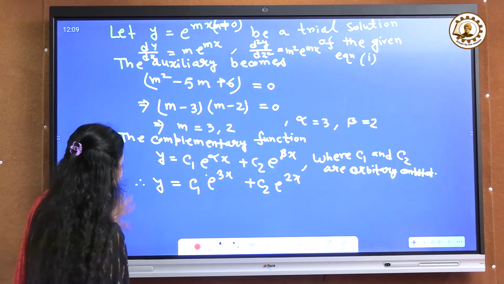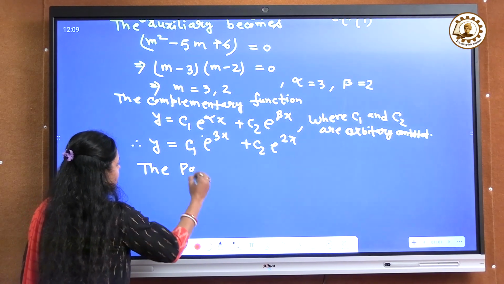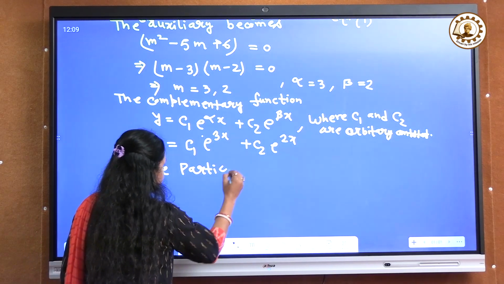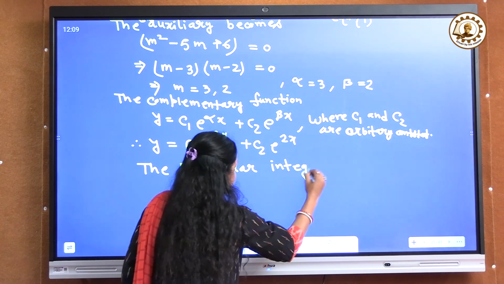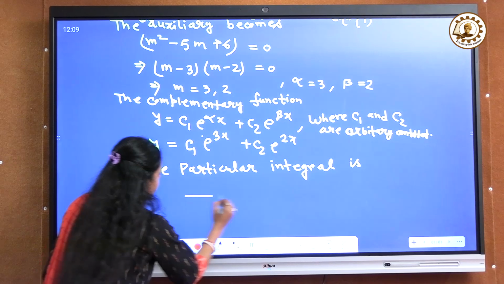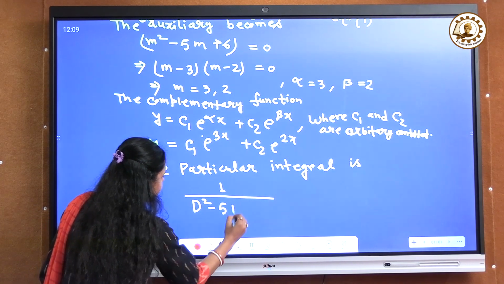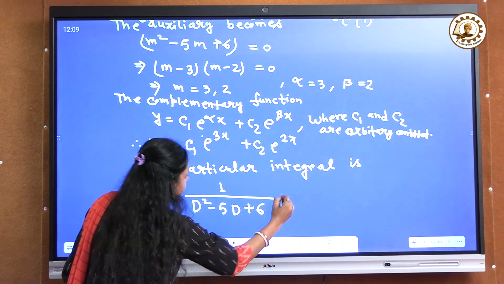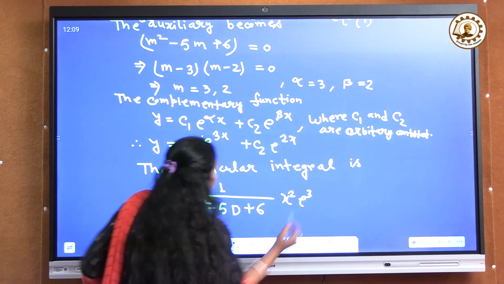So the particular integral is of the form 1 by (d square minus 5d plus 6) times x square e to the power 3x.